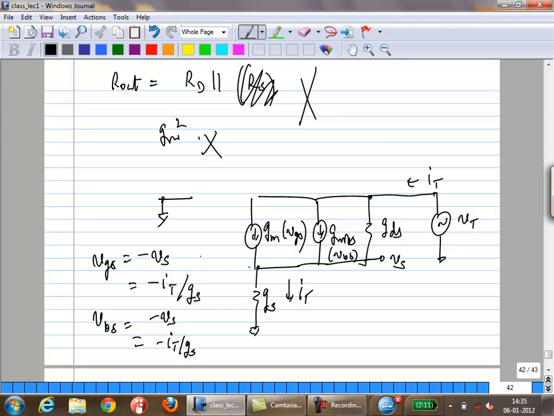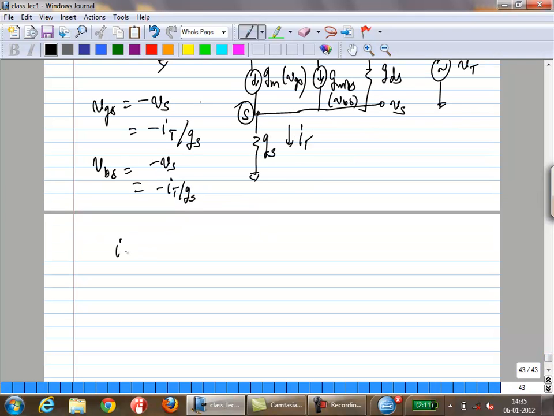Okay, now we'll write KCL at either drain or source, doesn't matter. IT equals GM times minus IT over GS. Okay.